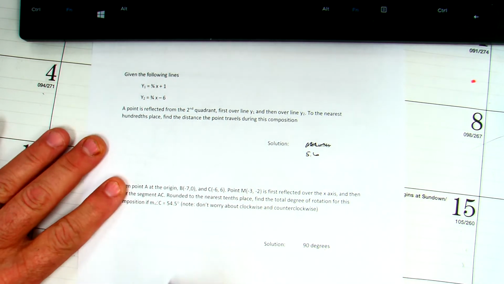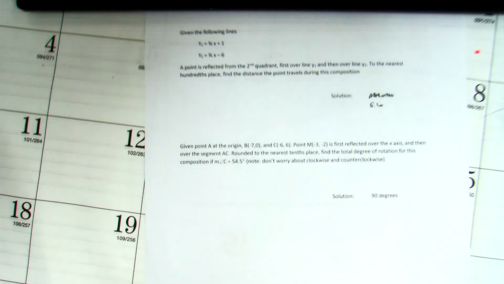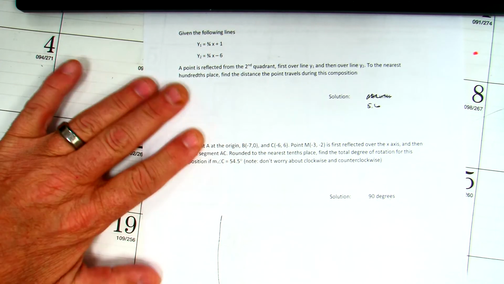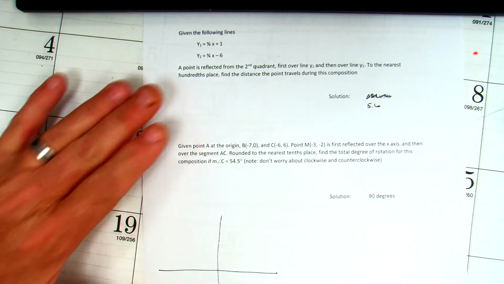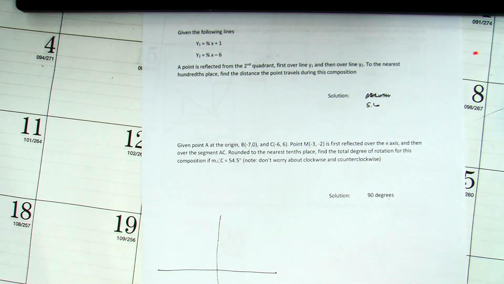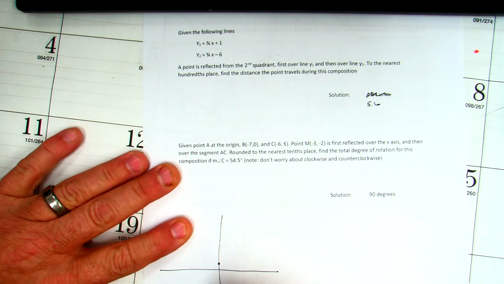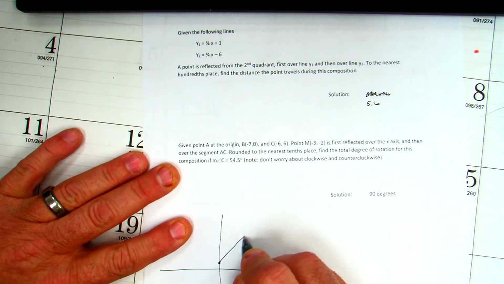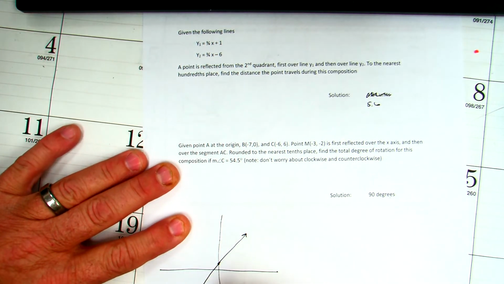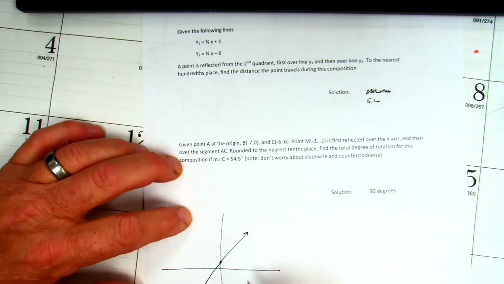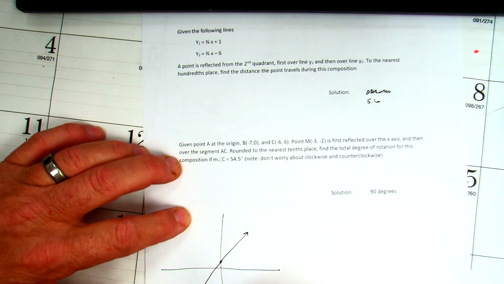So basically, if I graph it on my coordinate axes, 3/4 x plus 1 is going to look like that, pretty much. And then 3/4 x minus 6 is going to be parallel.